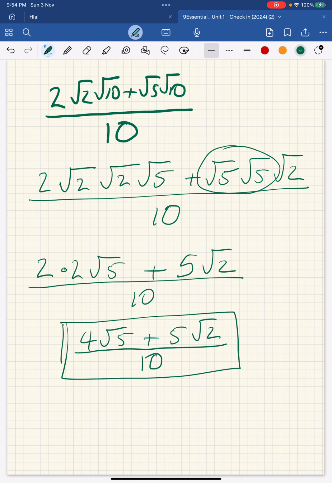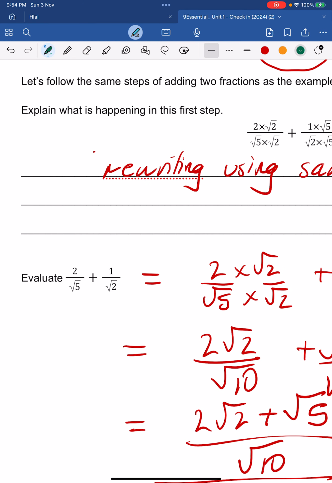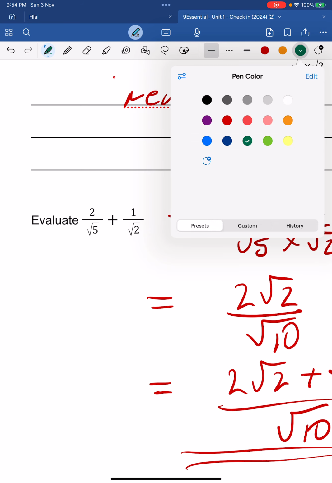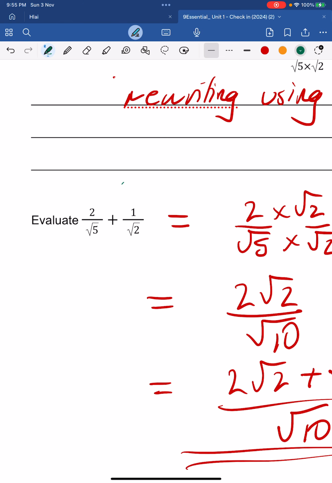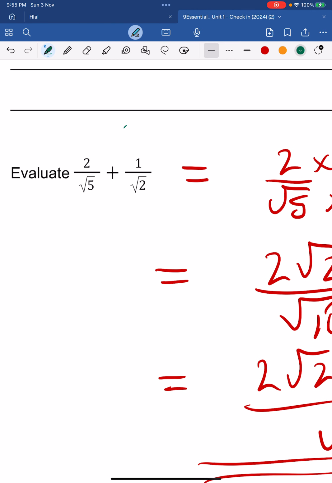Now, it's interesting that you could have actually got to this answer in a far easier way if you'd gone back to the start and actually tried to do this in a slightly different way. And I'll just do it on the side here. So we've got the full version here. What if I actually didn't follow the pattern that I had here? What if I actually decided to evaluate these two fractions by, first of all, rewriting this 2 over root 5 by rationalizing the denominator first?